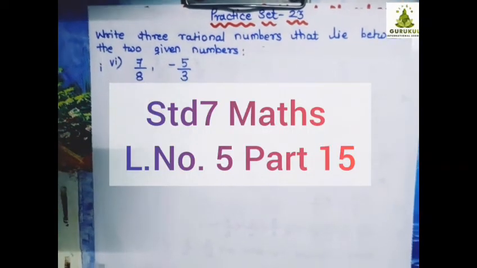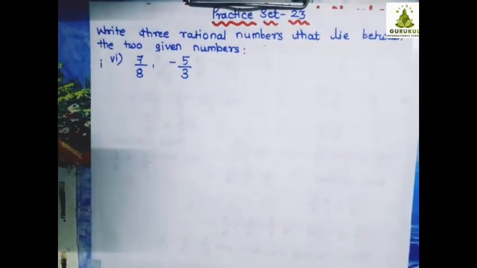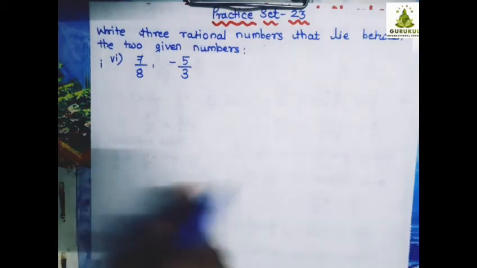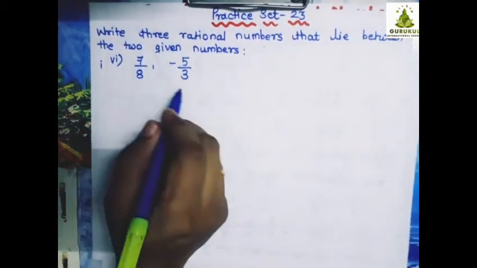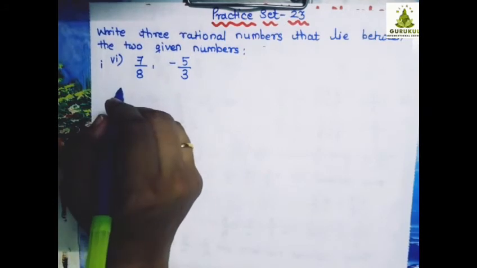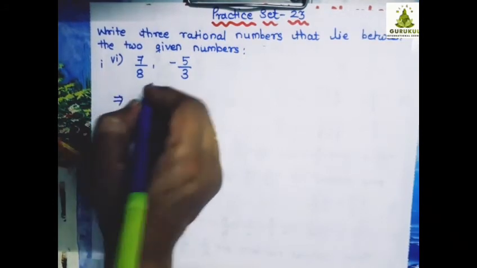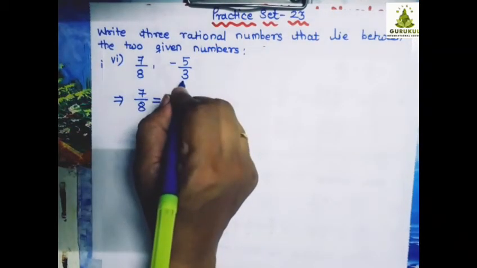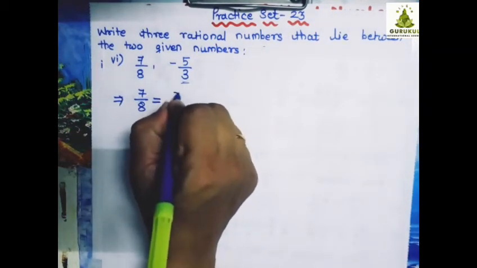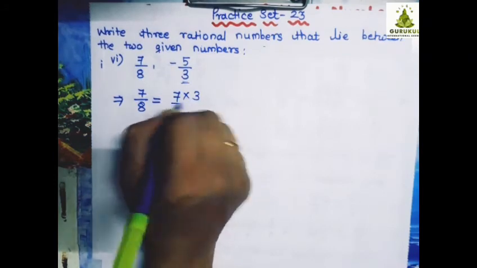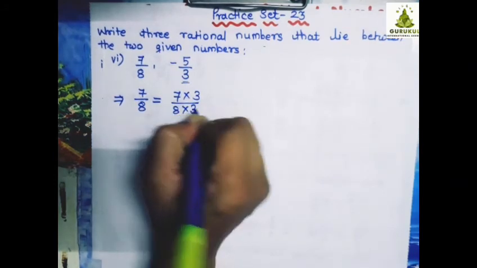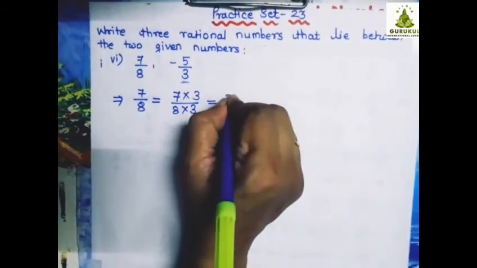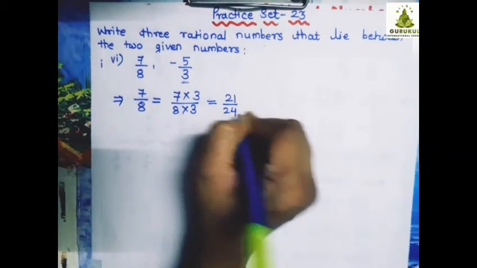Sixth sum, it is given 7 upon 8 and minus 5 upon 3. Now in this one we have to make the denominators equal. So we write 7 upon 8 is equal to, multiply by the other denominator, that is 3, 7 into 3 upon 8 into 3, that is equal to 21 upon 24.